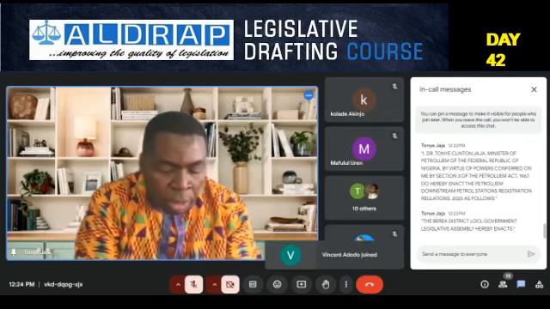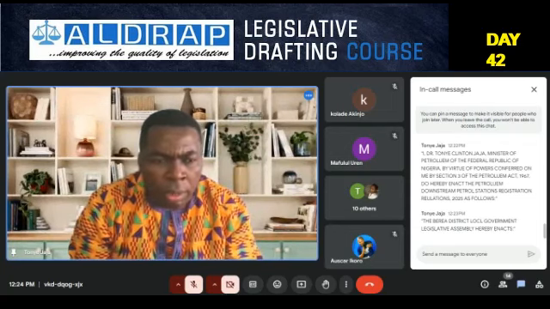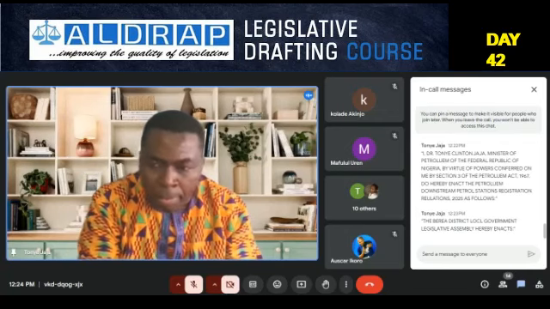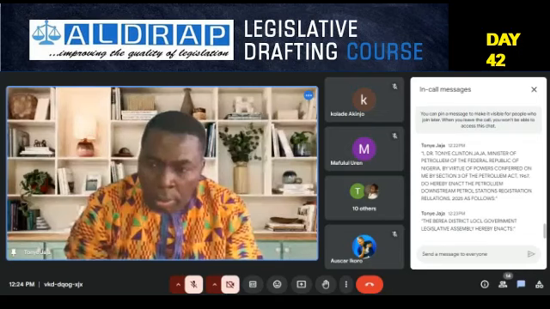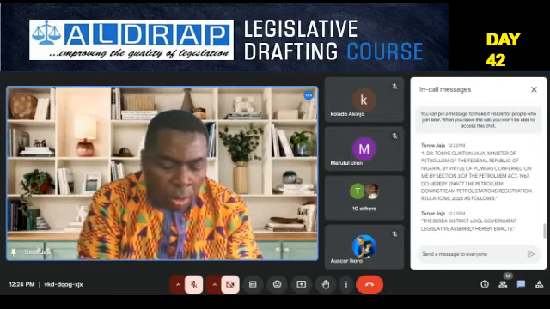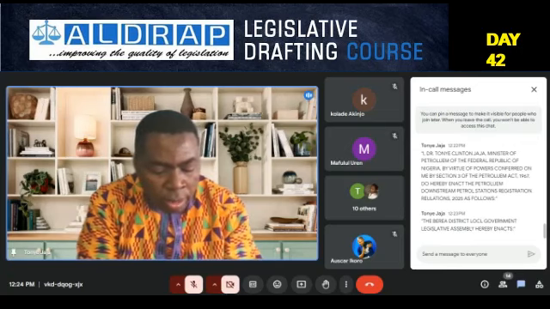For a bylaw would be, for example, Karu local government area legislative council pursuant to section 5 of the Nasarawa States Local Government Law number 5 of 2004.